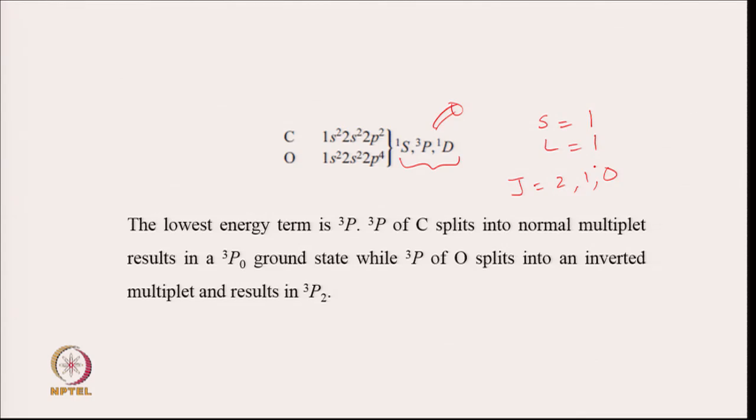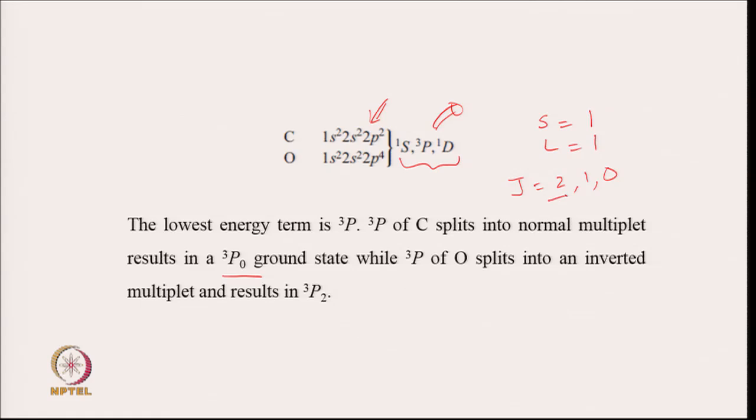Now look here, there is a difference. For carbon, 3P0 will be the ground state, because in carbon the p orbital is less than half filled, but for oxygen it is going to be different.